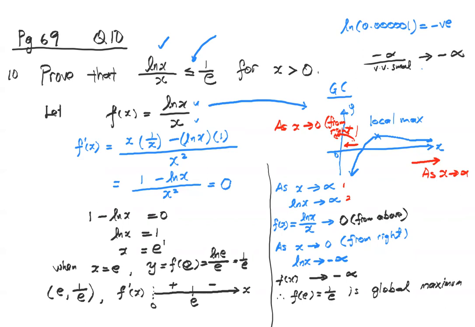So therefore, proven: my f(x) equal to ln x over x will never be more than 1 over e. That's it, done. Are you clear? So that is how you prove this question. That is how you interpret and prove it. Any further questions?